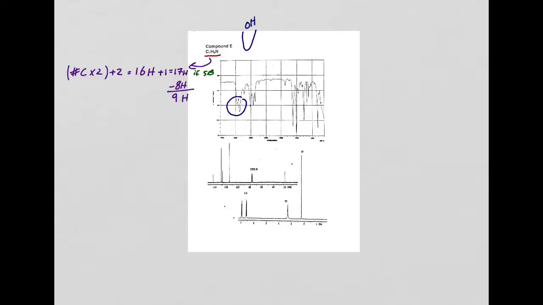And plus, I don't even have oxygen in the formula. So what is this? This is NH. If you go back to the IR lecture, we said this region, NH or OH, could happen.